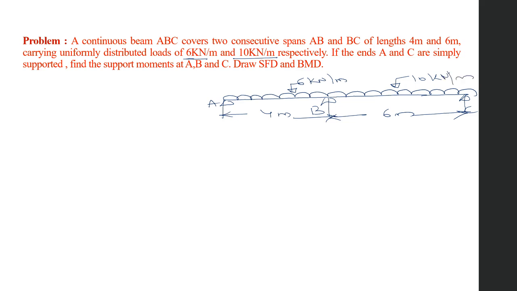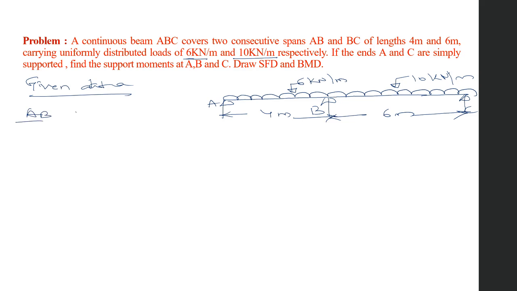This is the load. So now first write down the given data. In the given data, write down how much load is given and how much distance is given. So first span AB.